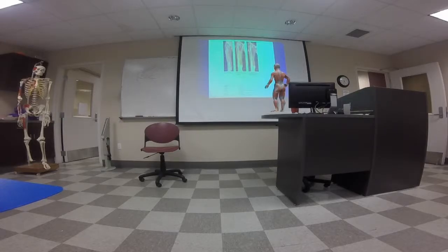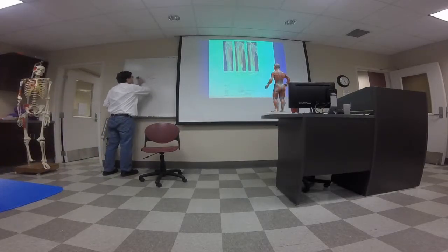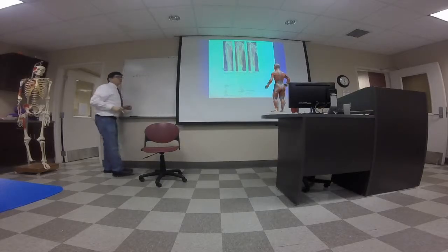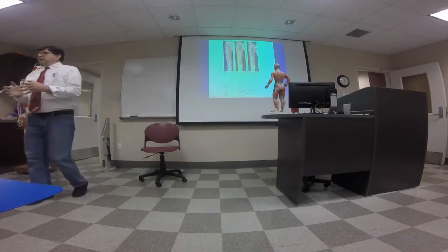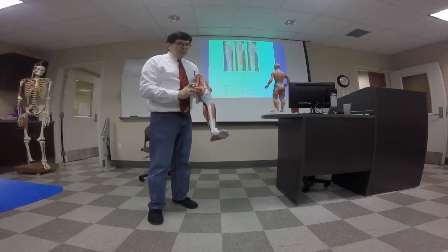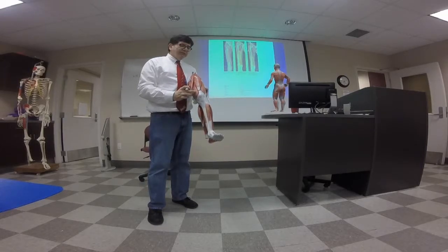Now, the other 3 muscles of the quadriceps group are referred to as vastus muscles. V-A-S-T-U-S. The vastus muscles. In relation to the rectus femoris, this prominent muscle medial to it is the vastus medialis.